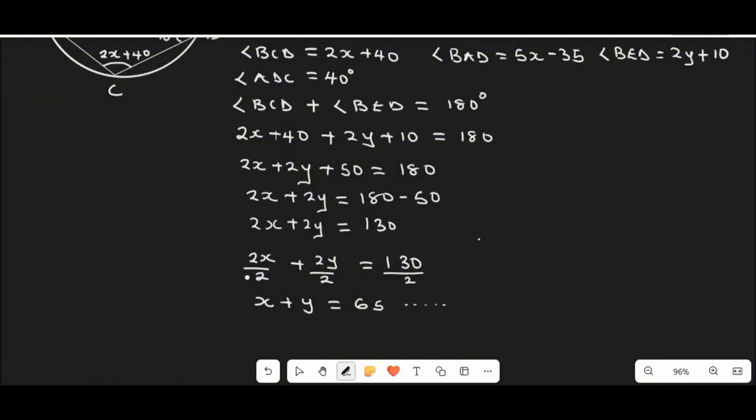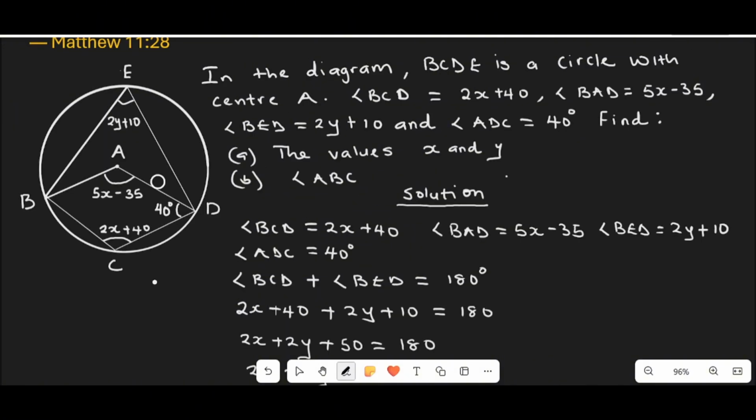Our first equation. Again, let us use the angle at the center theorem, which says the angle at the center is twice the angle at the circumference standing on the same arc.